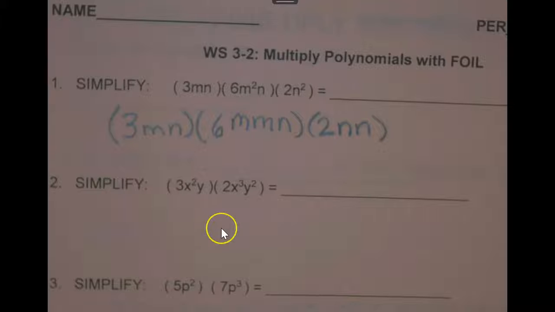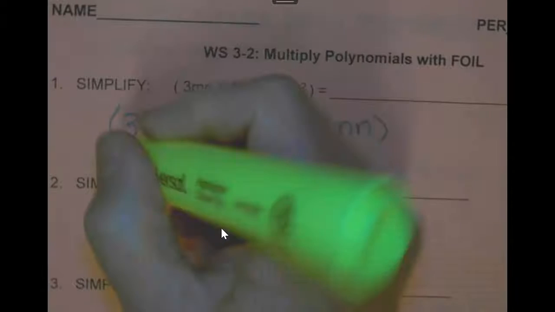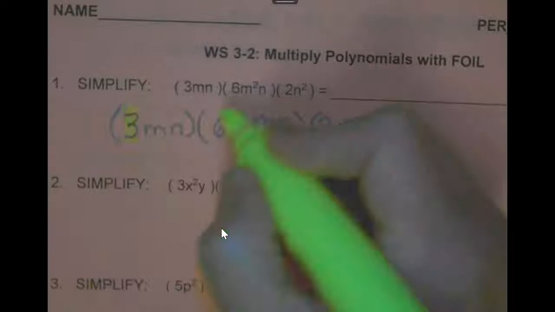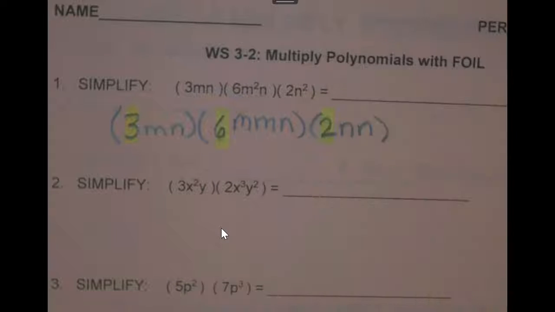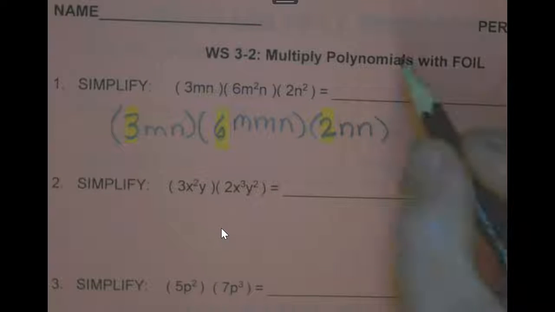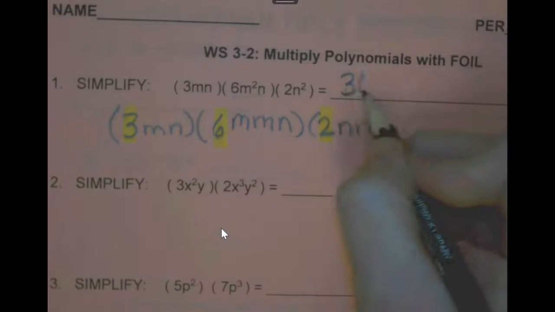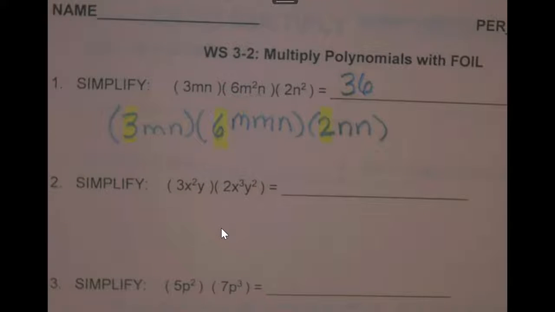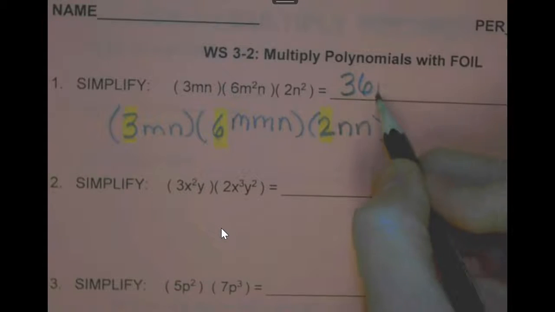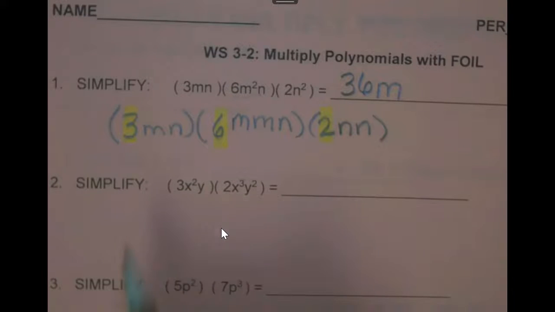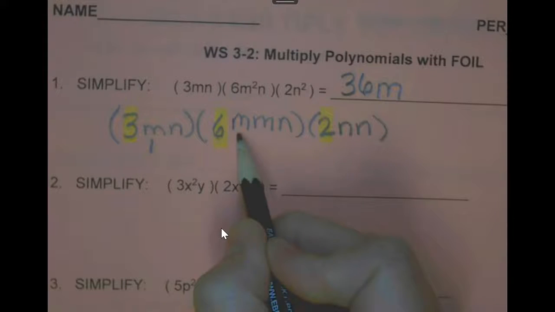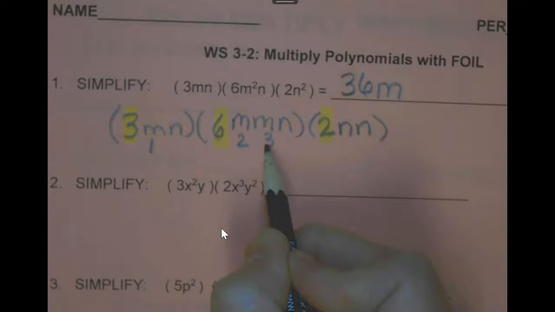So the first thing you're going to do is you're going to multiply your whole numbers together. 3 times 6 is 18. 18 times 2, do you know that one? Is 36. Then how many m's do I have? 1, 2, 3.